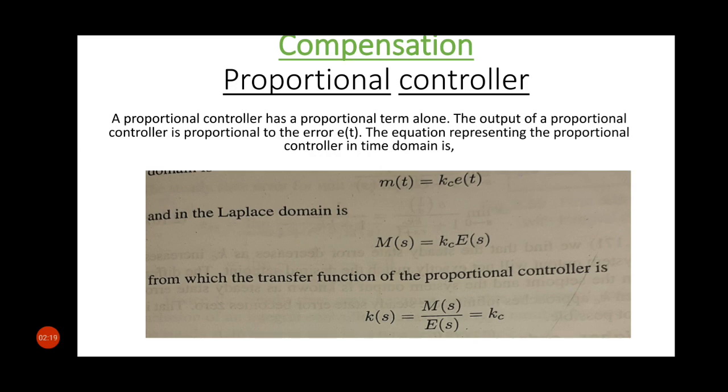The addition of this controller increases the steady state gain, and the steady state gain is inversely proportional to the steady state error. Hence, an increase in steady state gain decreases the steady state error.